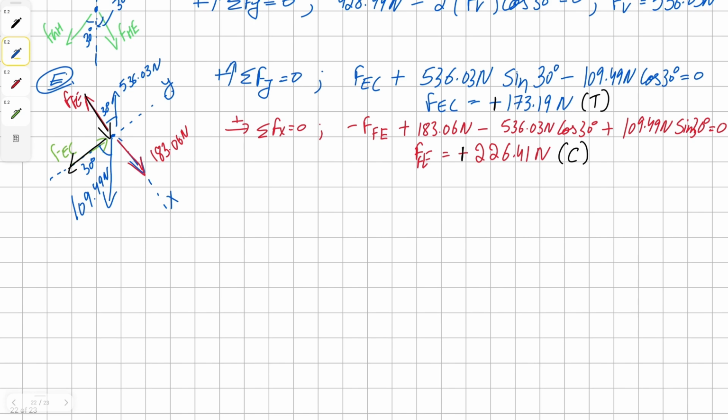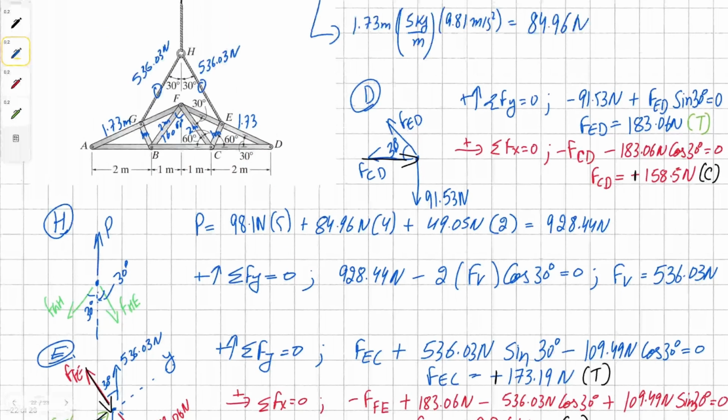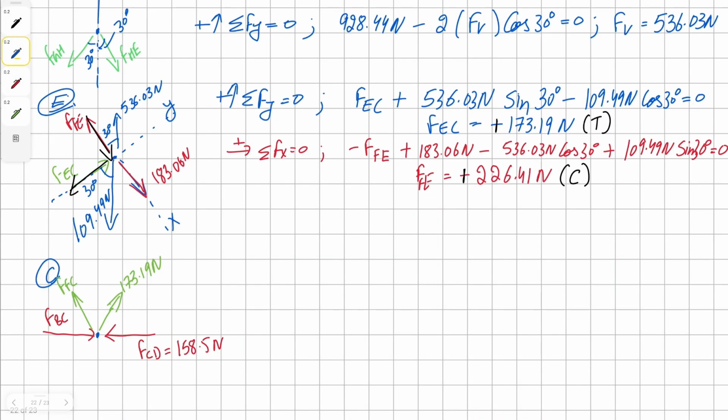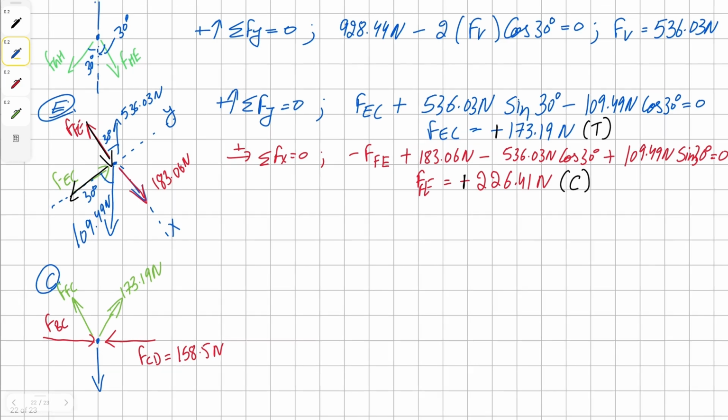Now we can move on to joint C. At joint C, we have two unknowns, BC and FC, and two knowns, EC and CD. And finally, we have our external reaction force, which is simply the sum of all the members connected to the joint divided by half, or in other words, the average of all the members that are connected to the pin.